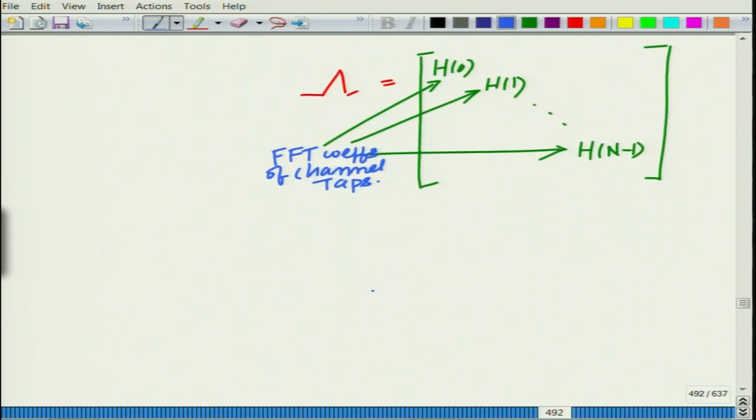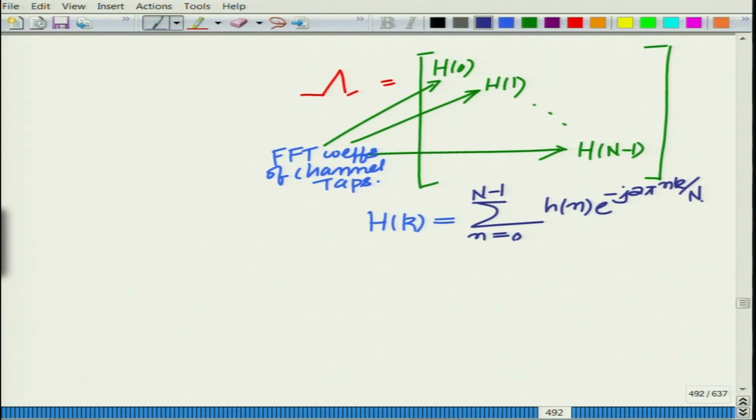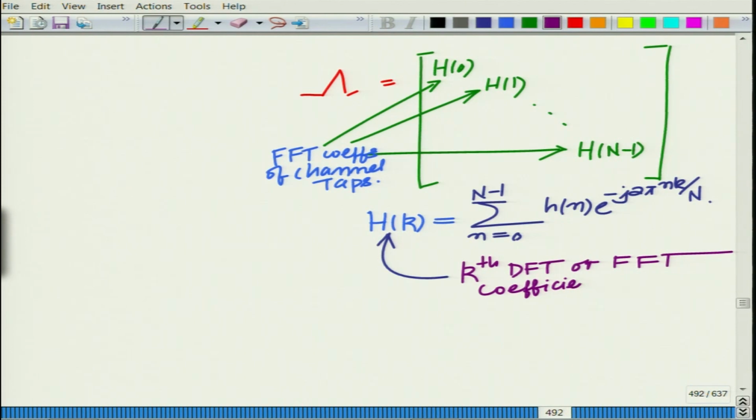And we also saw what we mean by H_k: H_k equals the summation over n equal to 0 to capital N minus 1 of h_n e raised to minus j 2 pi n k over N. This is essentially the kth DFT coefficient, or FFT coefficient.